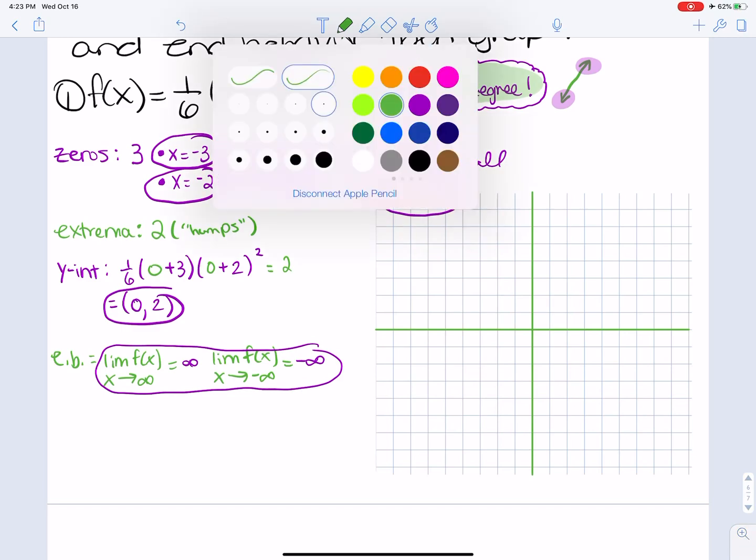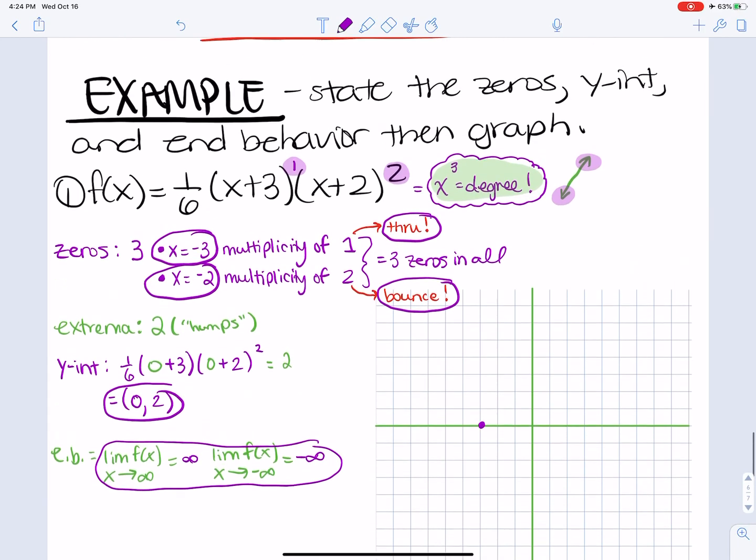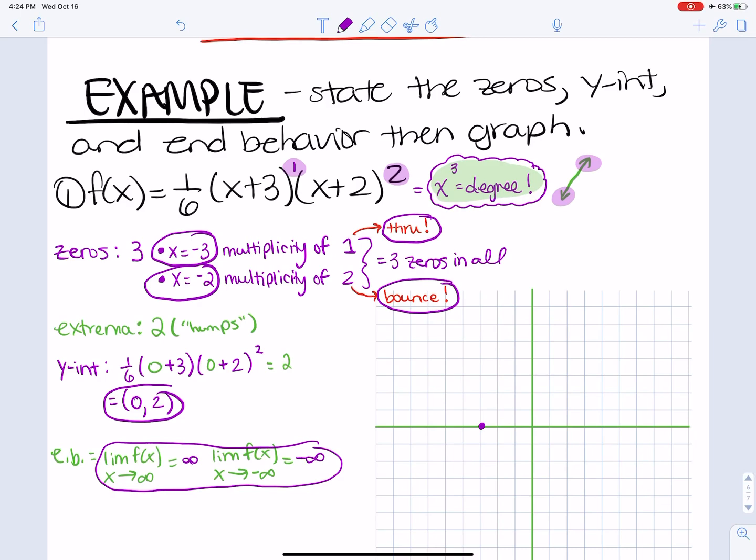Okay, so let's plot the dots. So we have x equals -3, so we go to -3 and put a dot. X equals -2, go to -2 and put a dot. I believe this should be +2 because -2 doesn't make sense. Okay, so we're going to edit this right quick.